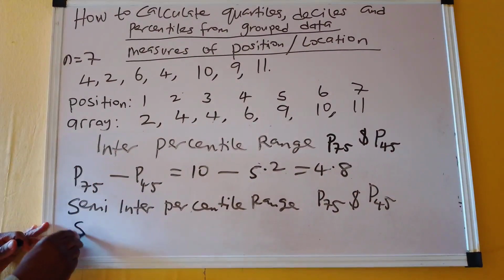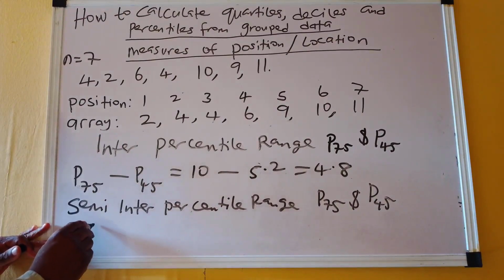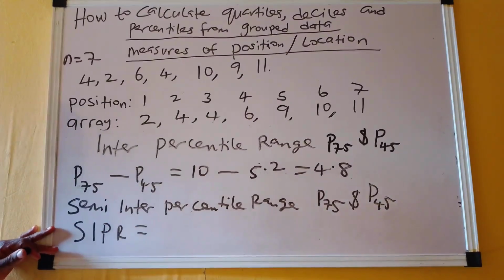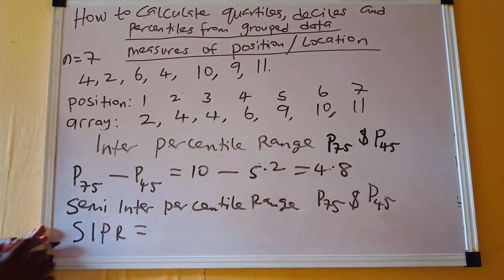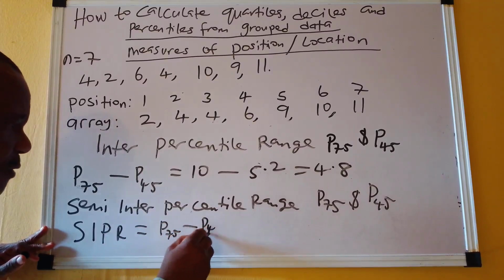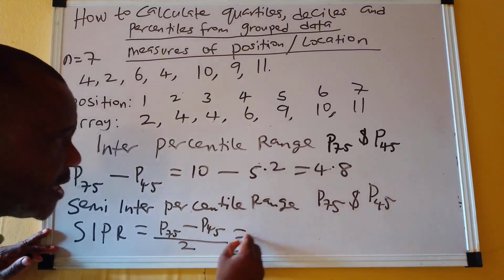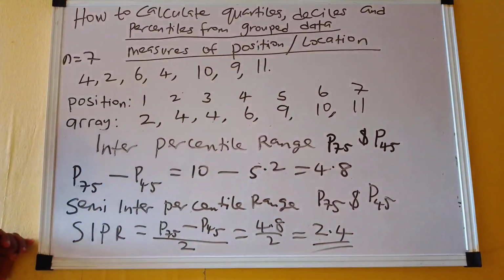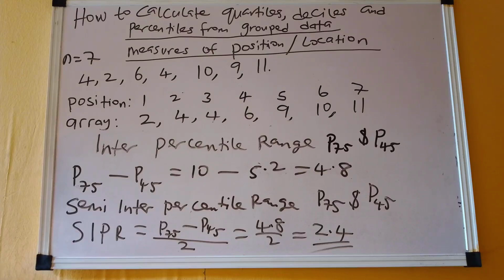So the semi-interpercentile range is equal to P75 minus P45 all over 2, which is 4.8 all over 2, and that is 2.4. So the semi-interpercentile range between the 75th percentile and the 45th percentile is 2.4.